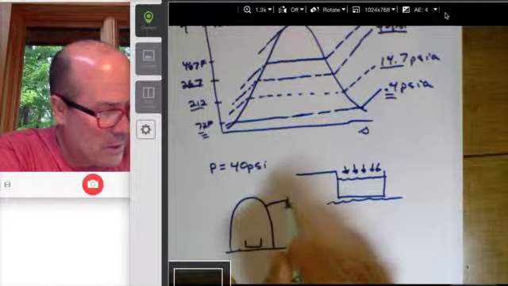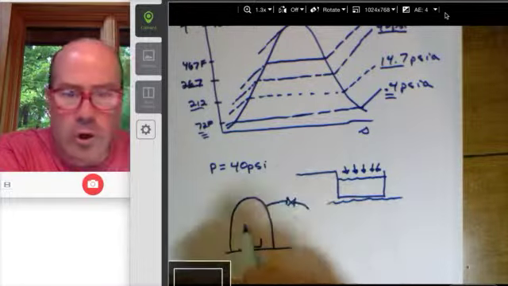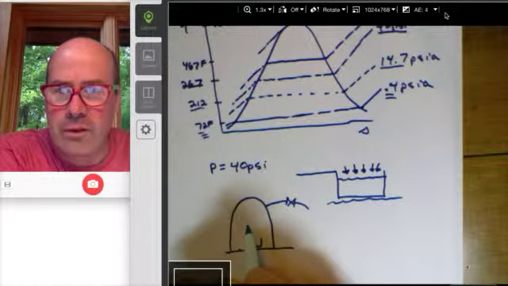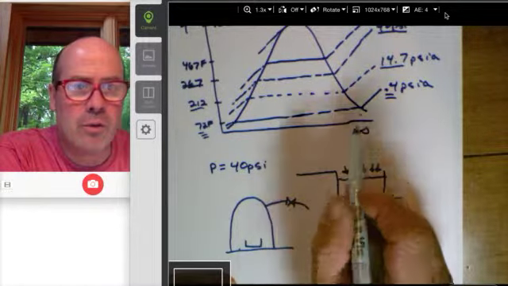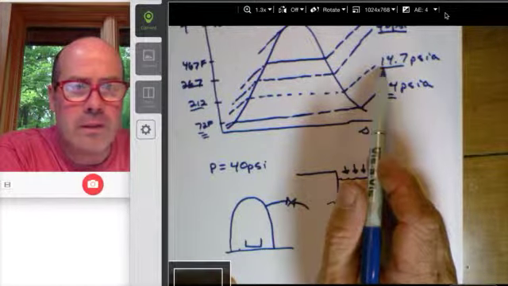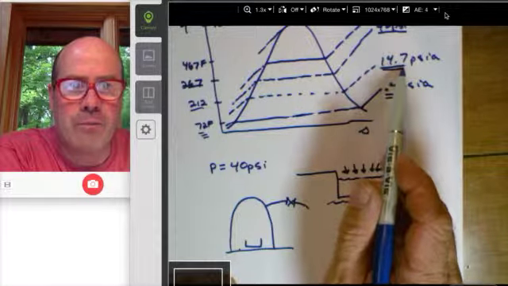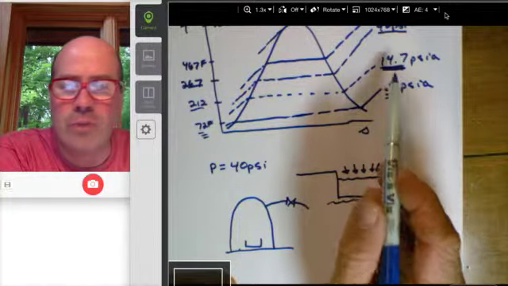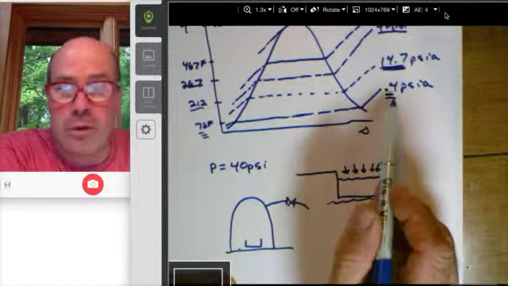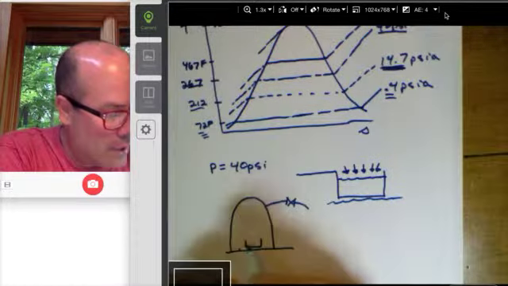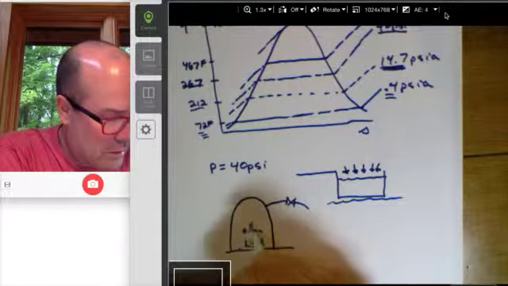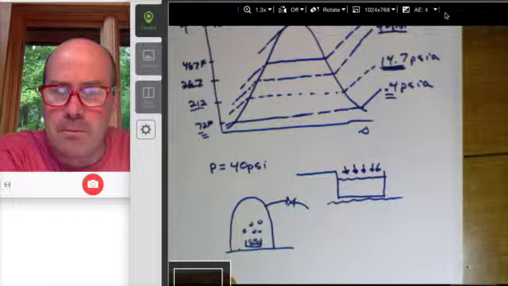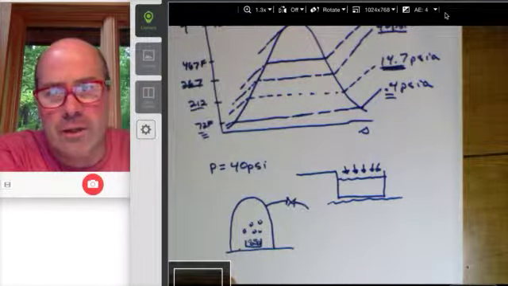Then he started taking air out of the vacuum bell, and pretty soon the number of molecules in there were so few that instead of the collisions applying a force of 15 pounds on every square inch, it was down to 0.4, and we got to see water boil at room temperature. Well, that's all that's going on here.